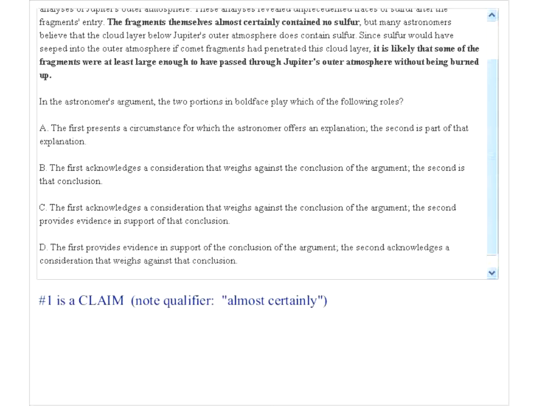Note there's a qualifier again. Qualifier is it is likely. Again, fact, it would make no sense to say it's likely or not likely. If something is a fact, it's either true or it's false. So there's no such thing as likelihood unless it's a claim.